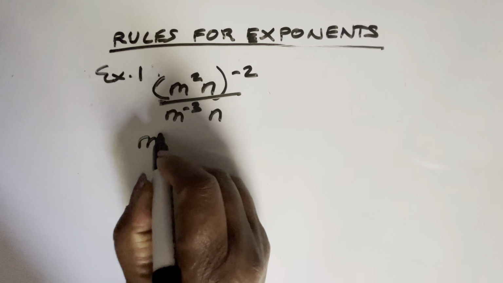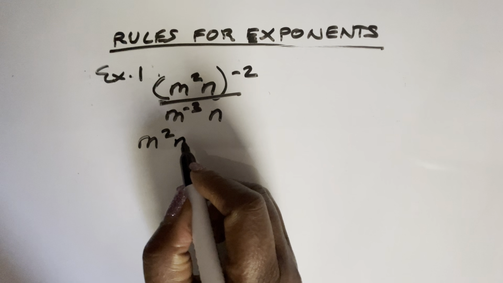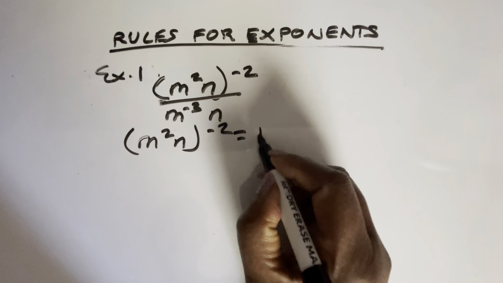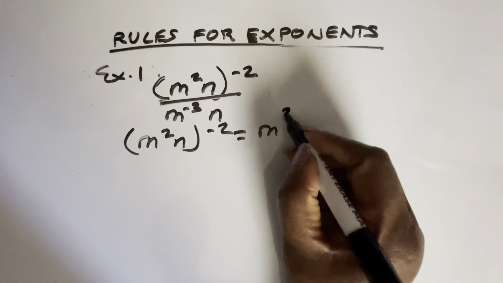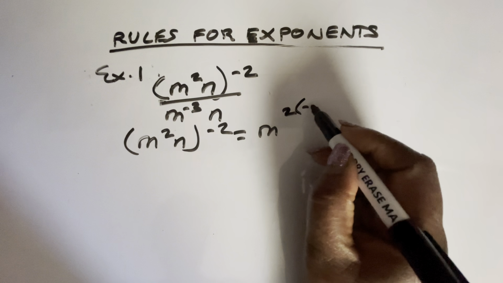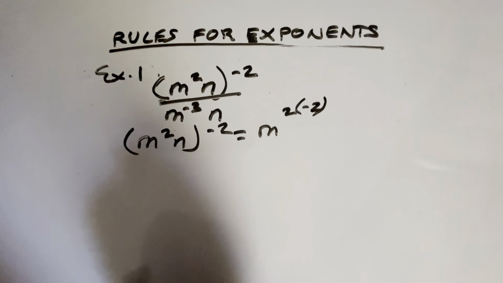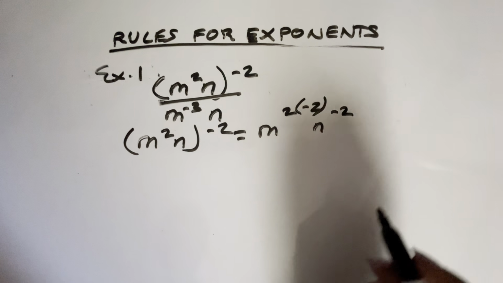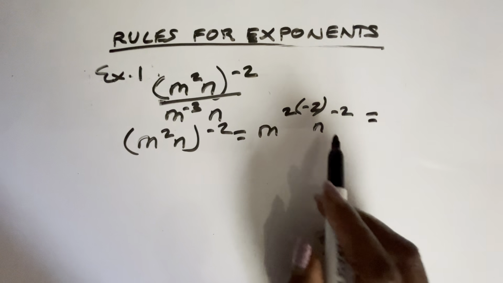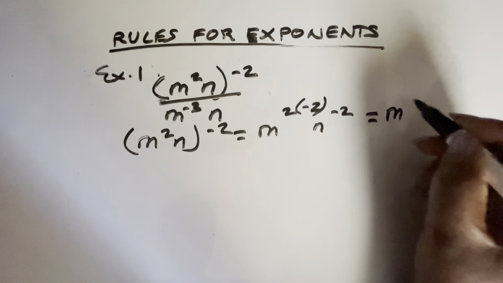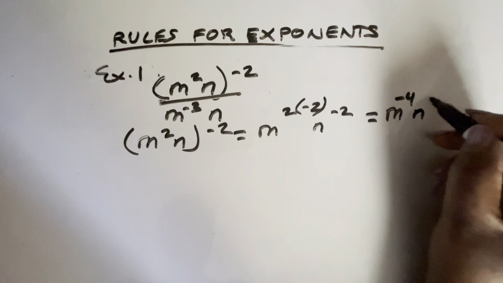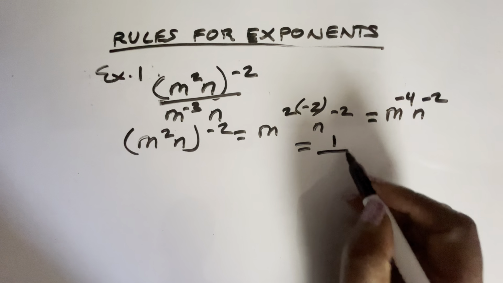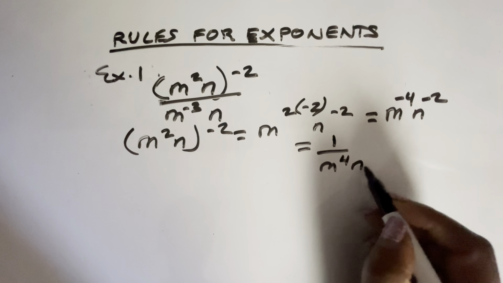So our numerator, m squared n to the negative 2, is going to become m to the 2 times negative 2 based on our rules, times n to the negative 2. This will give us, since they are all negative, m to the negative 4, n to the negative 2, and then our final result will be 1 over m to the 4th n squared.